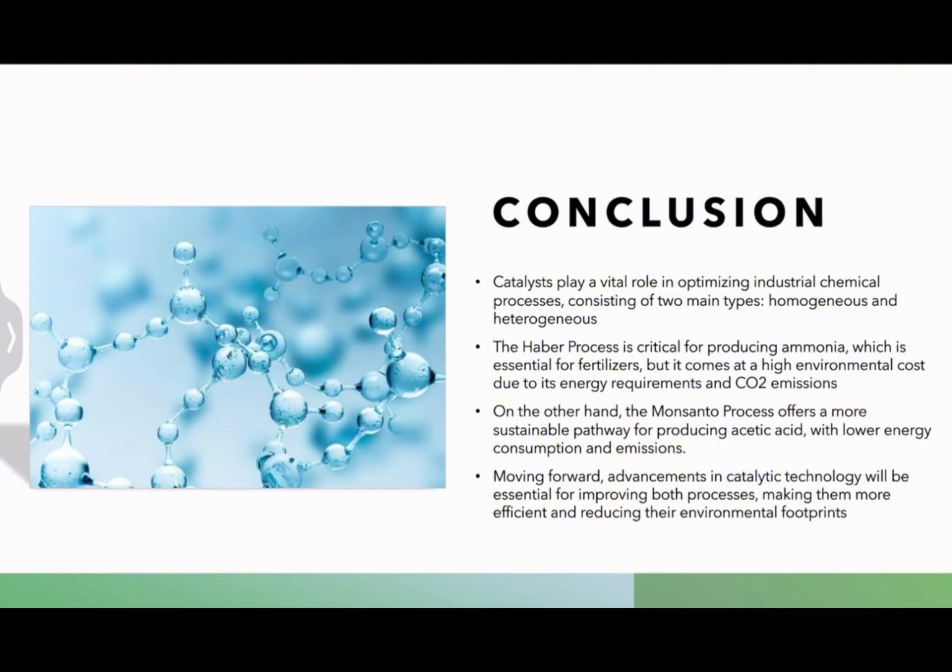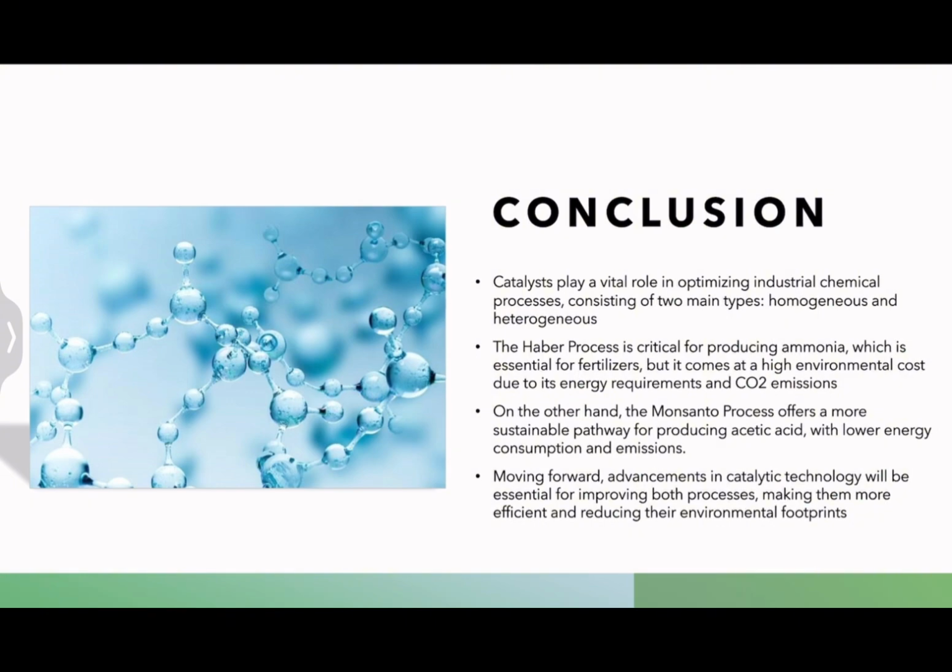In conclusion, catalysts play a vital role in optimizing industrial and chemical processes, and catalysts come in two main types: homogeneous and heterogeneous. The Haber process is critical for producing ammonia, which is essential for fertilizers, but it comes at high environmental costs due to its energy requirements and CO2 emissions.